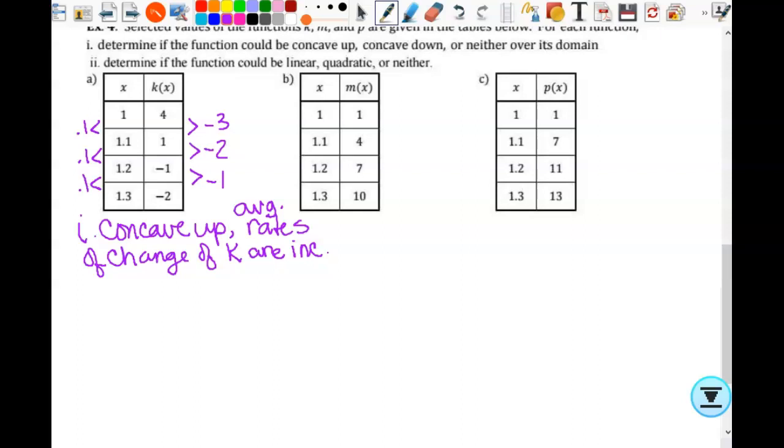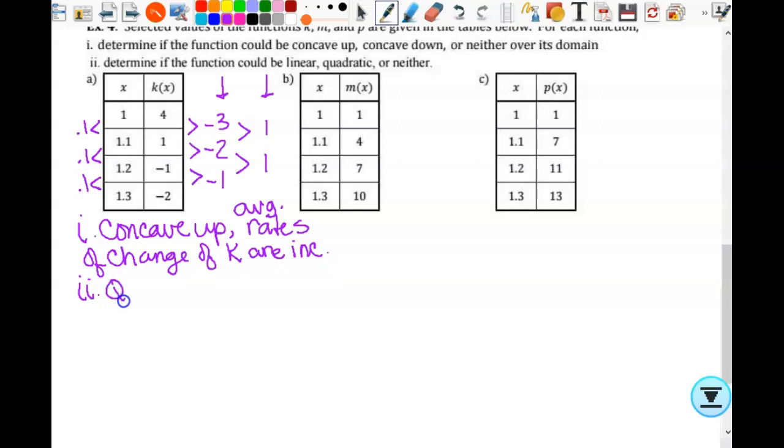All right, so then the second one said, determine if the function could be linear, quadratic, or neither. So then I'm going to look at the second differences. These are the first differences. These are going to be the second differences. So negative 2 minus a negative 3 is what? 1. Negative 1 minus a negative 2, 1. When your second differences are constant, you remember this from Algebra 1, that means you have a quadratic.